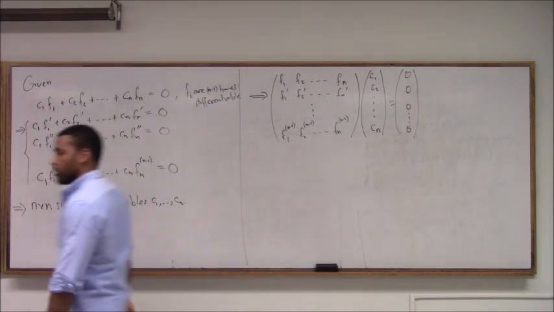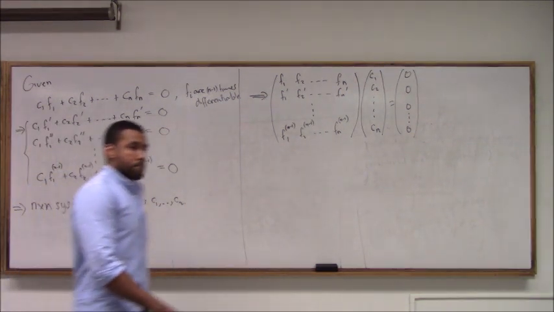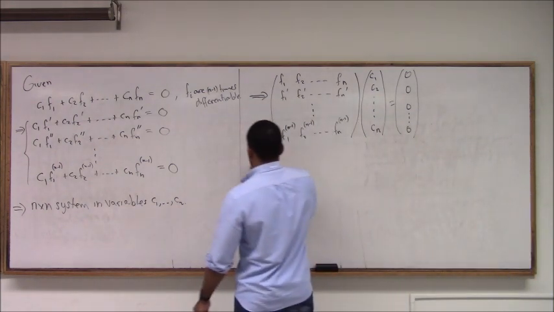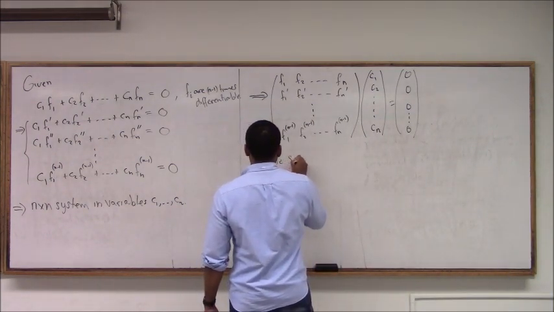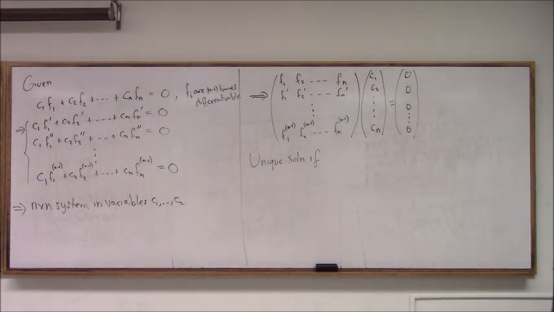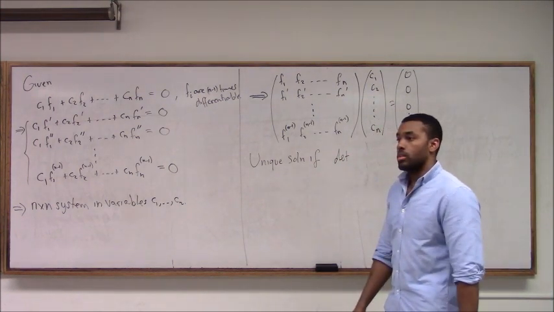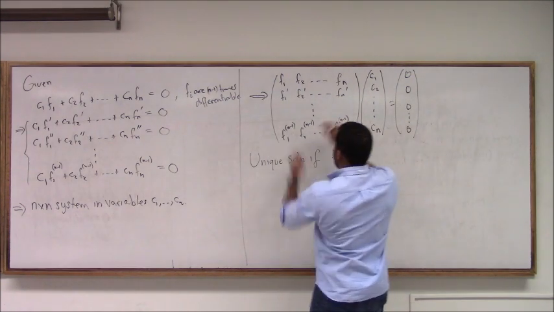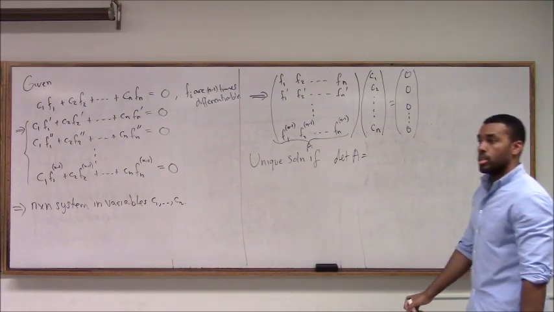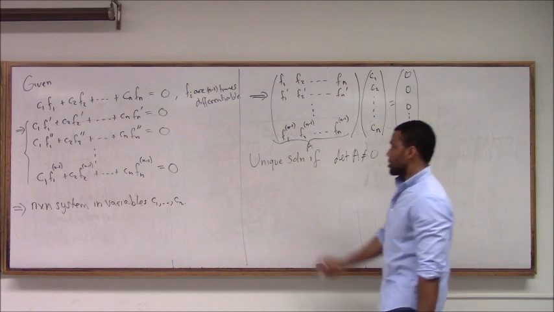Okay, tell me about that system. What can we say about it? The determinant of what? This guy, let's call it A, just so I don't have to copy that. Zero? Non-zero? By Cramer's rule.